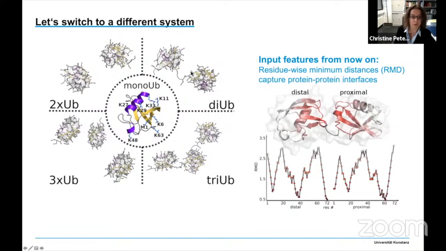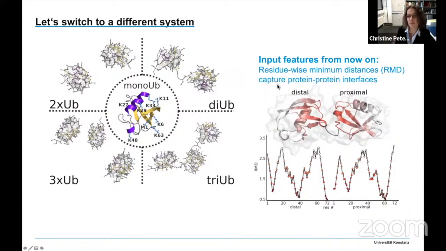What we have been doing is we have been running simulations of di and triubiquitins and also tetraubiquitins, which is not on this slide. So when we wanted to characterize the simulations of these ubiquitin oligomers, we first again needed input features, very useful input features to describe how two proteins that are covalently attached to each other touch each other, untouch each other.